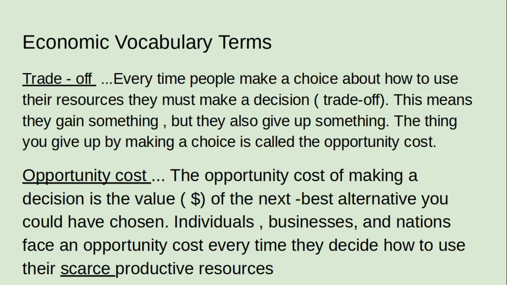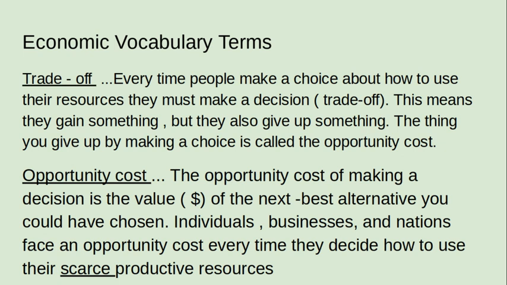You gain something, but you've got to give something up. So that thing that you're giving up is an opportunity cost. And that's what our lesson this week is going to be about, that opportunity cost. And being more specific, the definition is the value of that next best alternative that you gave up.